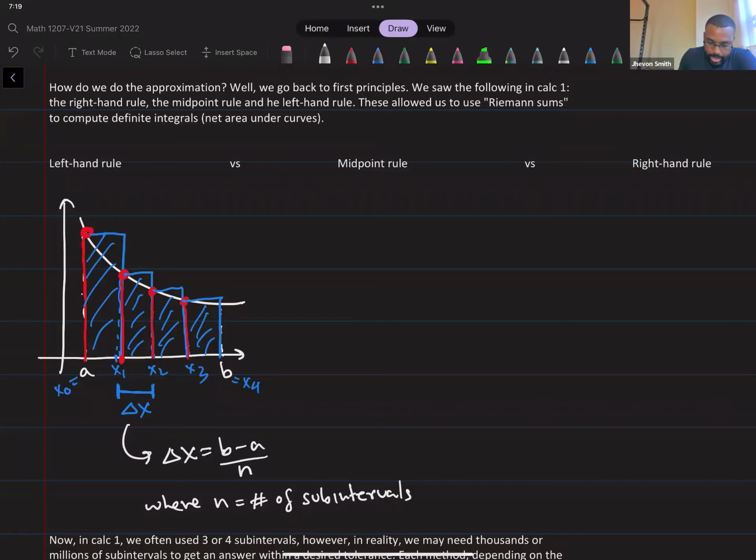And then from that, we can say that the area is going to be approximated by me adding up the areas of these rectangles. So I'm going to sum from i goes from 0 up to 3, because only the x0, the x1, the x2, and the x3 take effect here, of the height of this rectangle, f of xi, times delta x, which is the width of these rectangles.